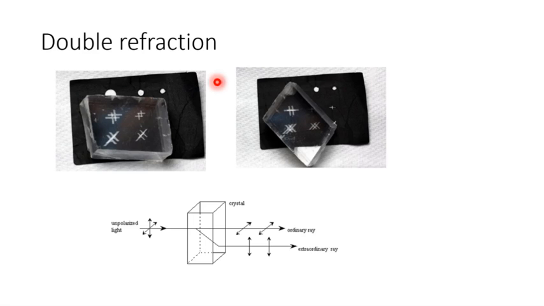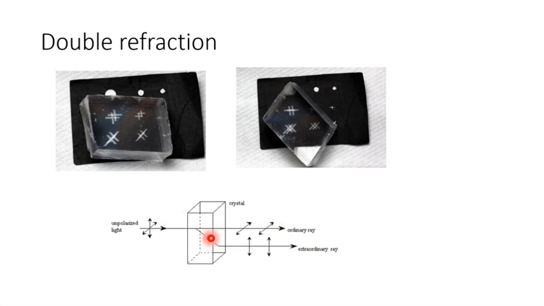And the final one is double refraction. In this case, you have a specific kind of material. When the unpolarized light falls on such materials, it refracts the light into two rays, your ordinary ray and your extraordinary ray.